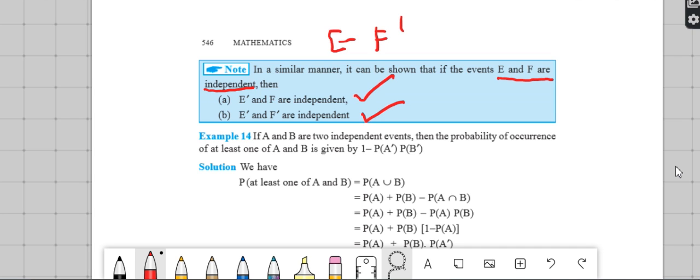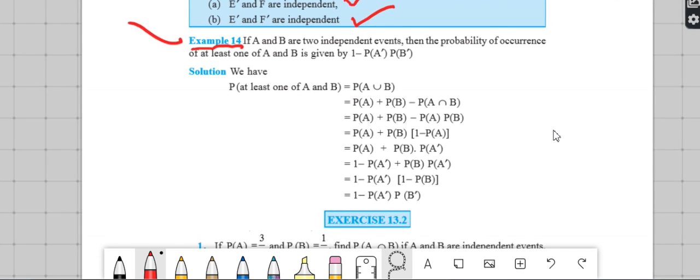Here one proof is given in the form of example 14, so kindly go through it, and in the next lecture we will start exercise number 13.2.